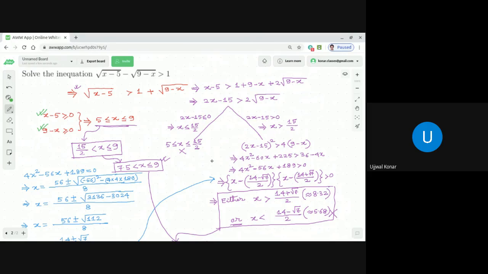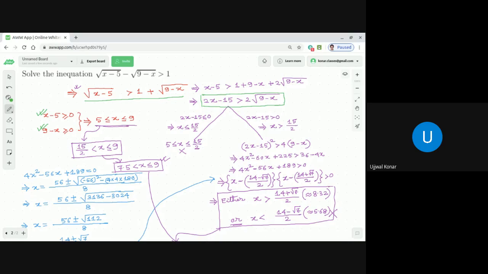Then as we found both sides of this inequation are positive, we make a square of both sides and land up with this. Then we know there are two cases possible: 2x minus 15 could be greater than 0 or 2x minus 15 could be less than or equal to 0. You see how I classify the problem, a very systematic approach.